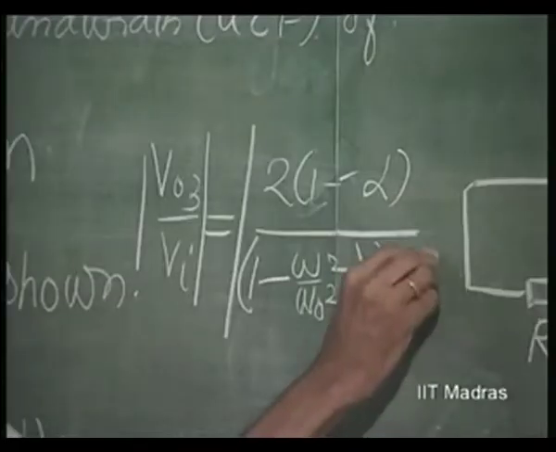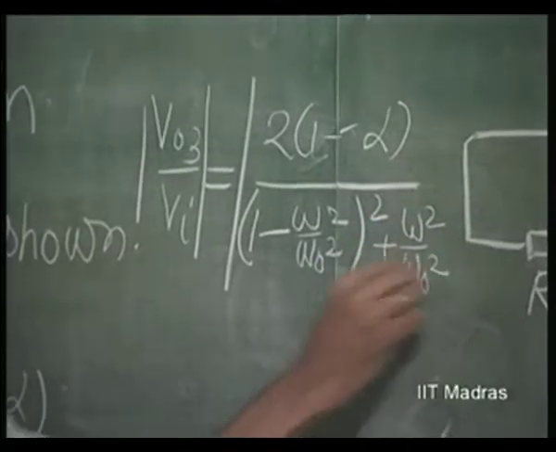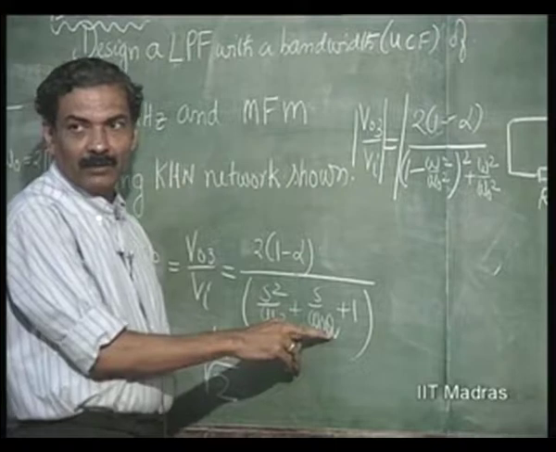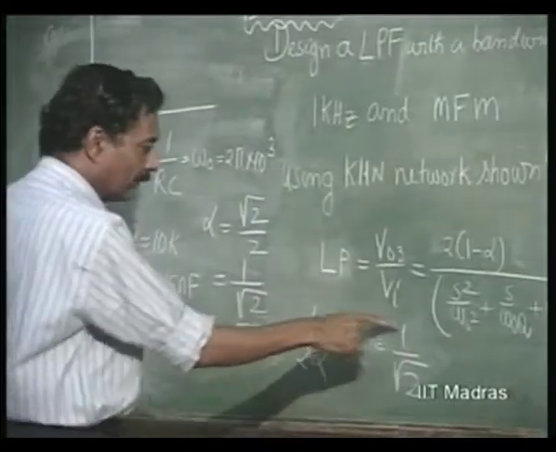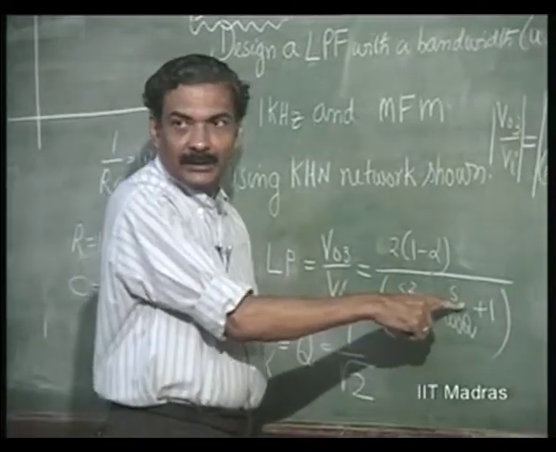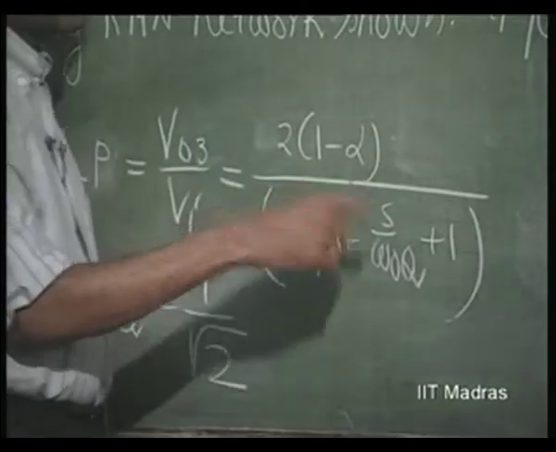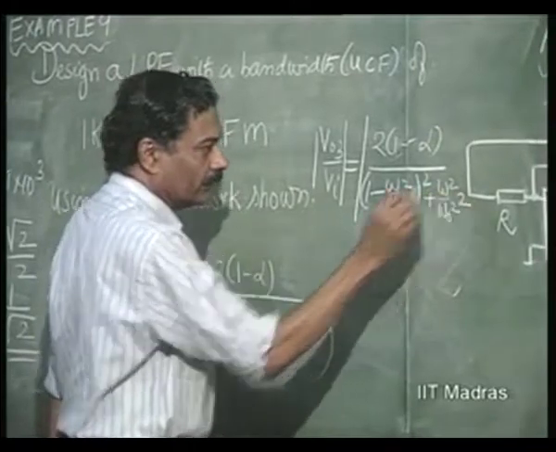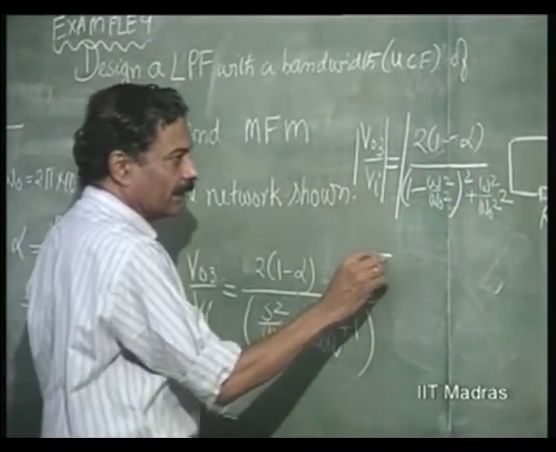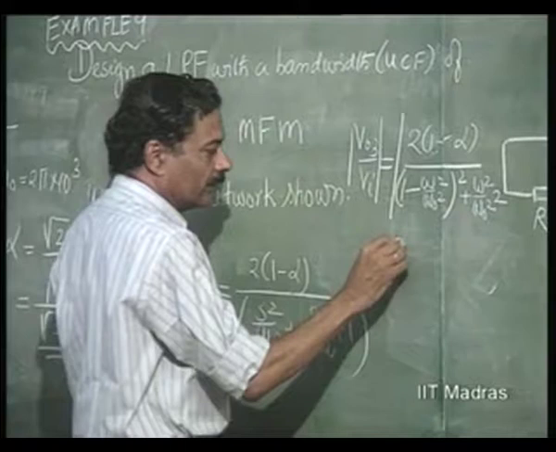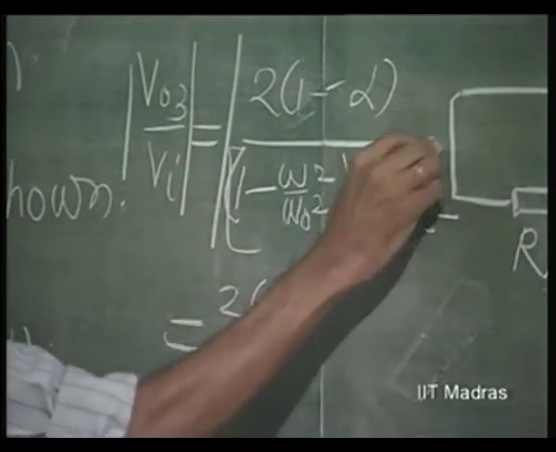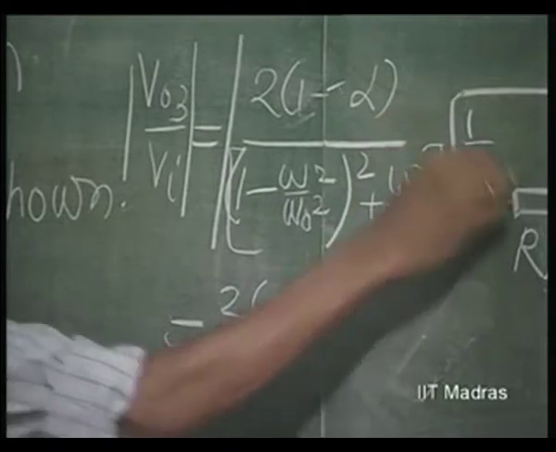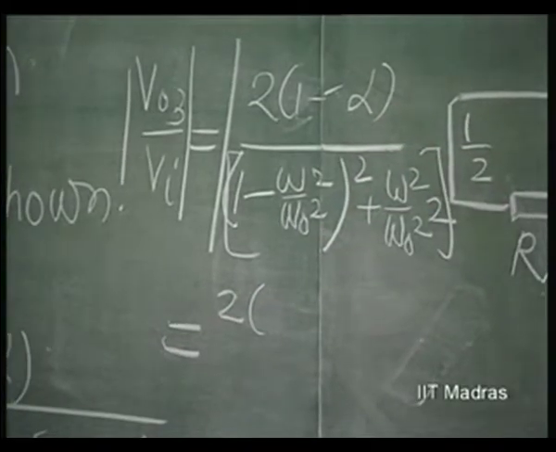So, omega squared by omega naught squared q is 1 over root, see, q is equal to 1 over root 2. So, root 2 comes in the denominator S coefficient. So, this becomes, okay, 2 into this whole thing to the power half, that is the magnitude of this.